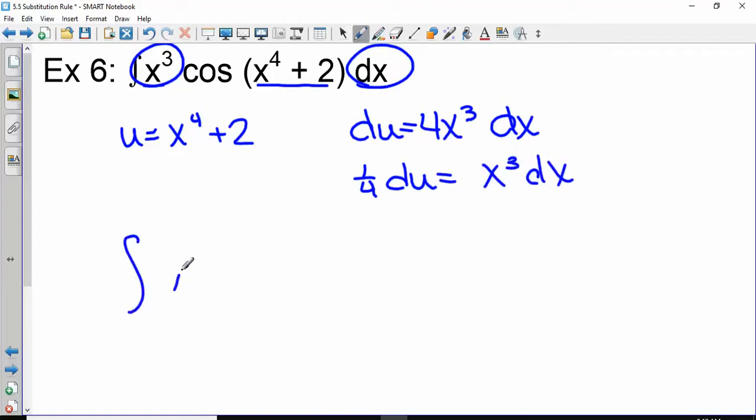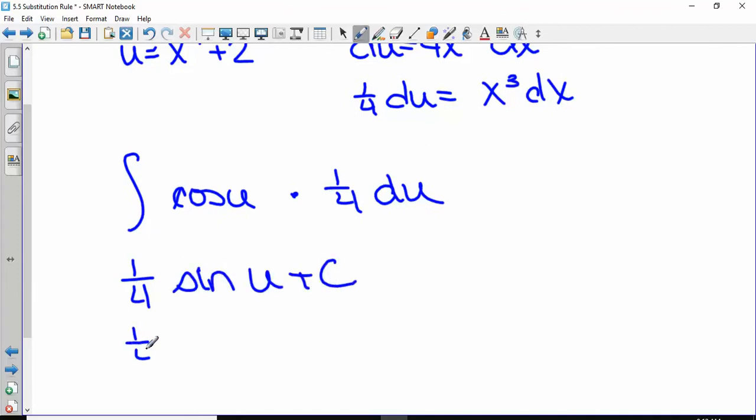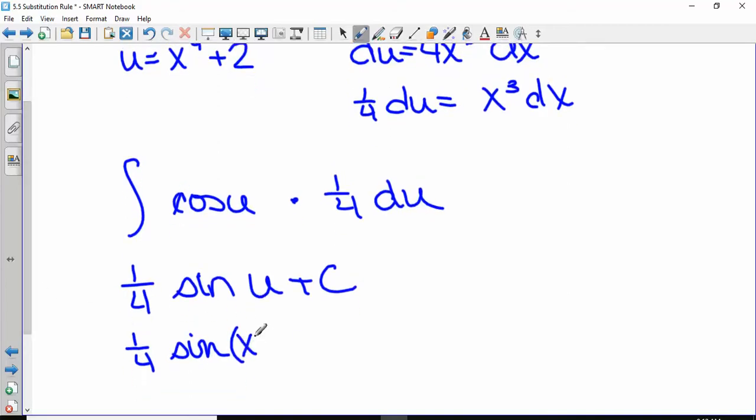So we have the integral of cosine of u times 1/4 du. 1/4 just comes out in front. Antiderivative of cosine is sine. And then plug u back in. And u was the x to the 4th plus 2.